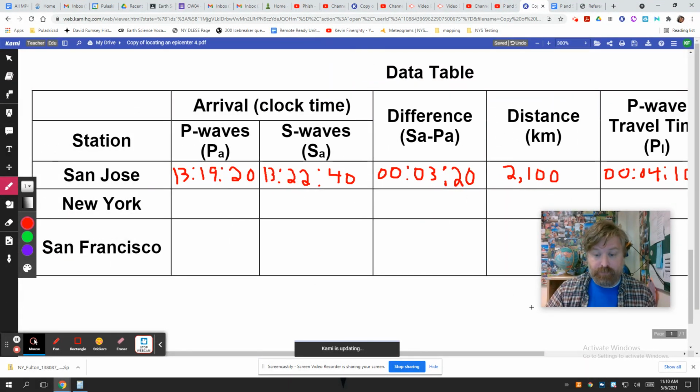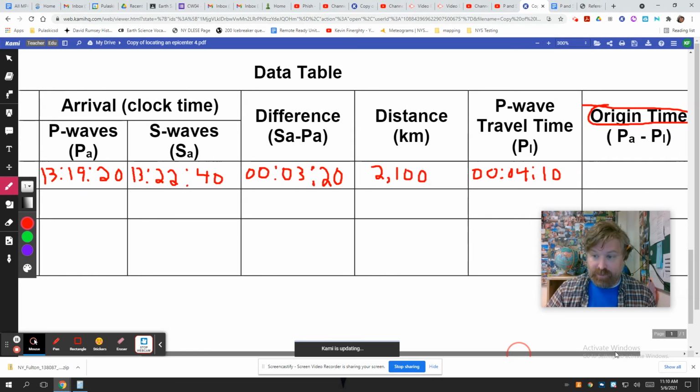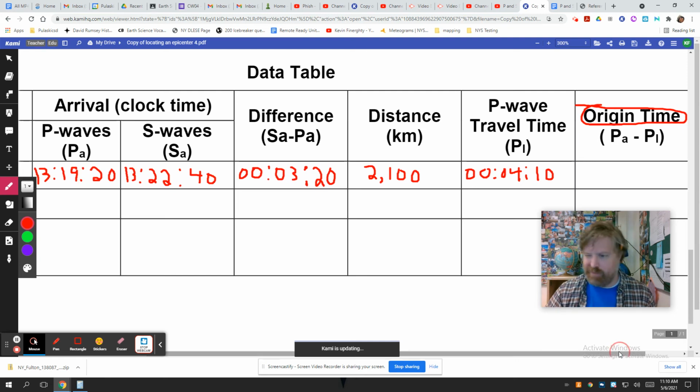arriving at 13:19:20, which means I've got to subtract those two. And again, this is not easy to do, classically, in my earth science teaching experience. People struggle with time arithmetic, just like I struggle with the English language. So 13, 19, 20. If I subtract 10 seconds from 20 seconds, that leaves me with 10 seconds.